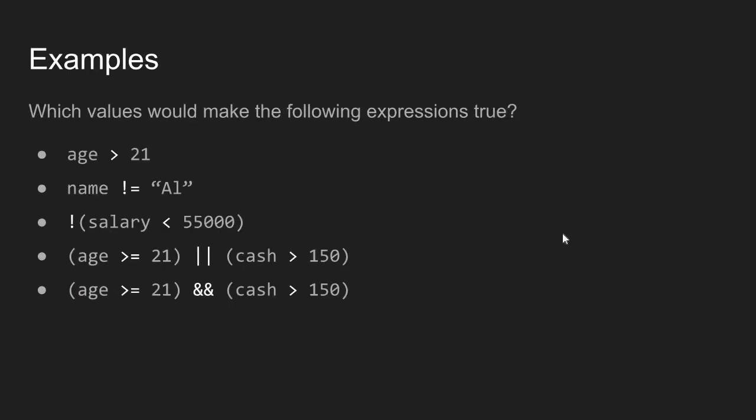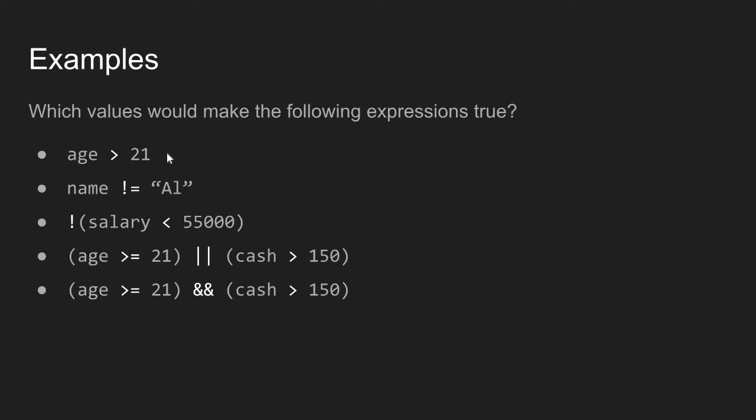Let's look at some examples here. So let's figure out which values would make the following expressions true. Well, here's our first expression. Age is greater than 21. For this expression to be true, the value in age would have to be larger than the value 21. So if age was any value from 22 and up, this expression would be true.